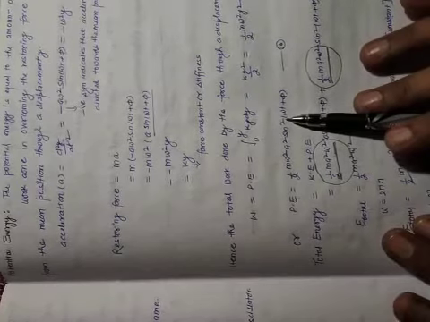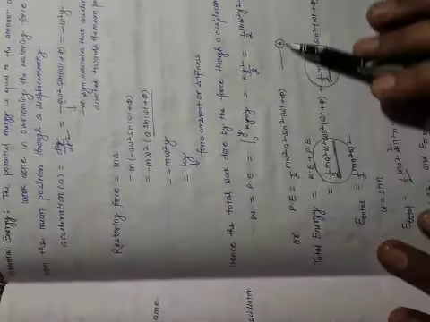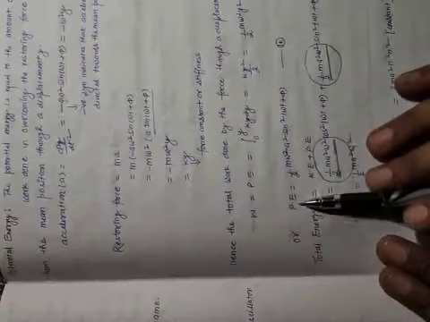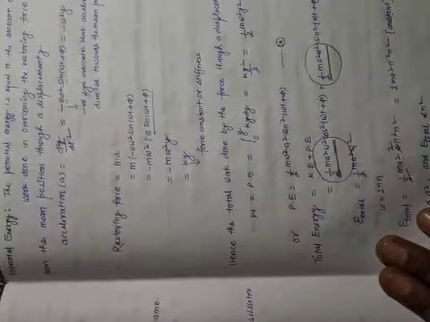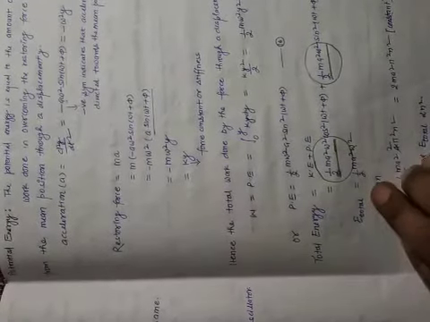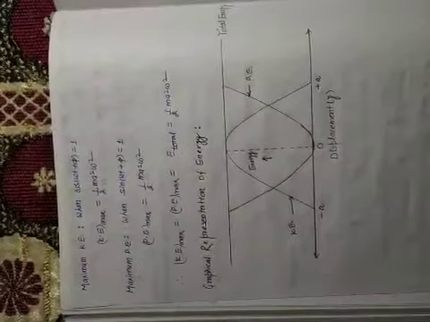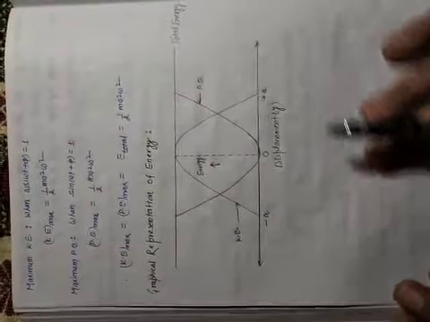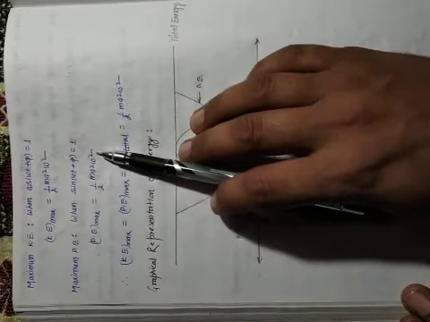Put +1 here, and the square of +1 is 1. So the maximum potential energy from equation number 16 is half m a square omega square, or m omega square a square, whatever you want to write. So the maximum potential energy is half m a square omega square.